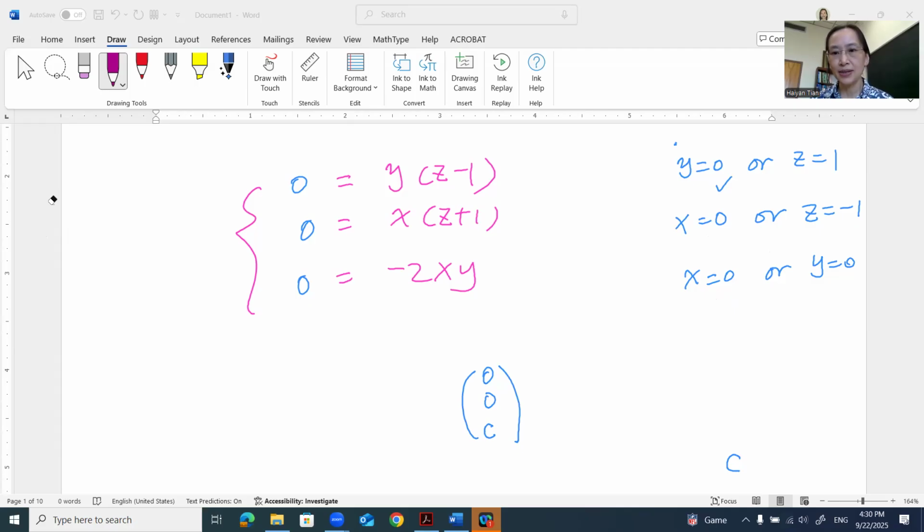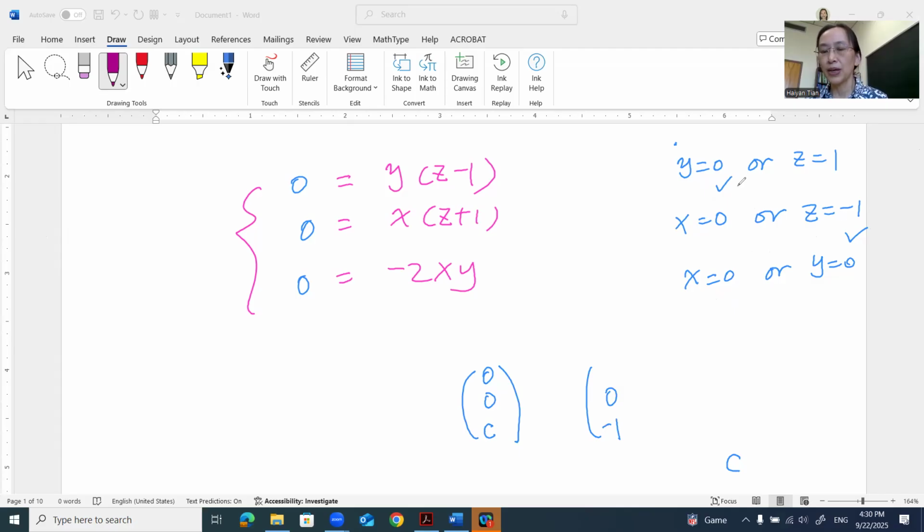Suppose y is 0, but x is not 0. So we don't have to impose 0 on x this time. We still assume y is 0, but we assume z is -1.